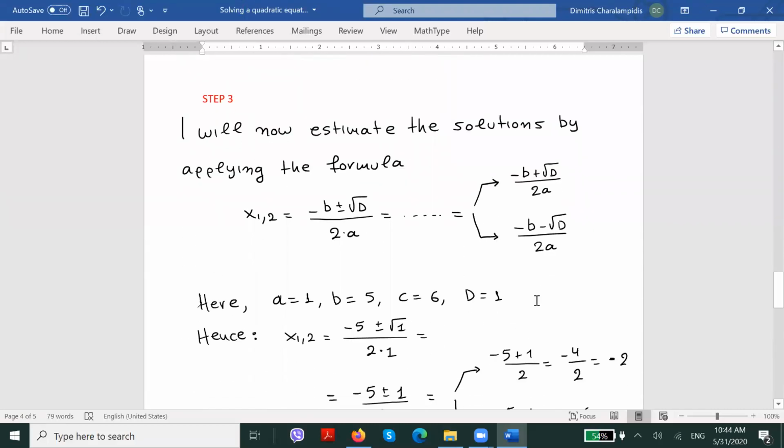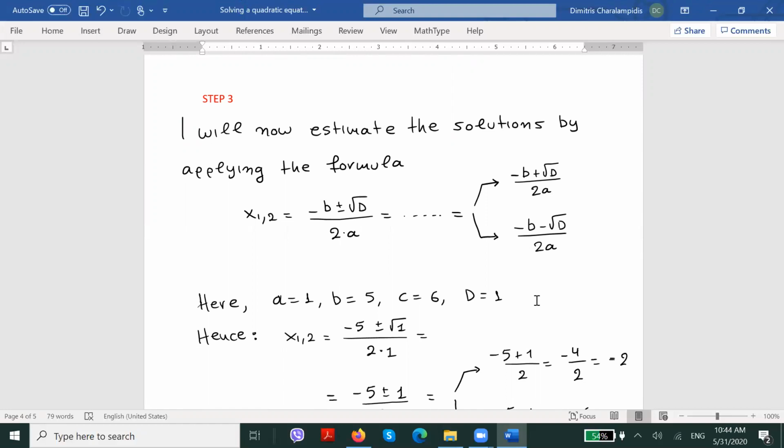Now let's move to the third step. We will estimate these solutions by applying the formula x1,2 equals negative b plus minus square root of d, and all that over 2a. Some students find it hard to understand the importance of plus minus.